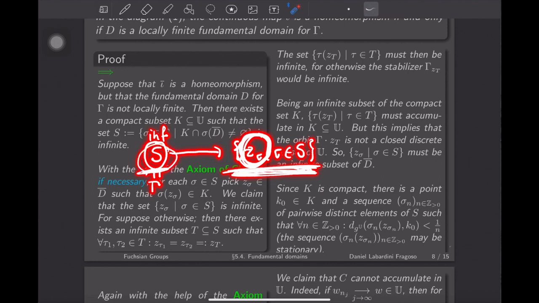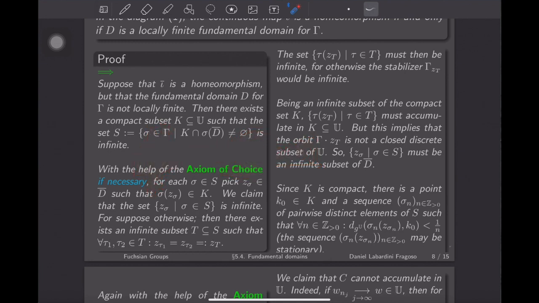So there would be some z T here with infinite preimage, so there is some infinite subset T, the preimage, with the property that all of its elements give you the same element in the set. I would be able to call it Z T because all of them would give me the same.